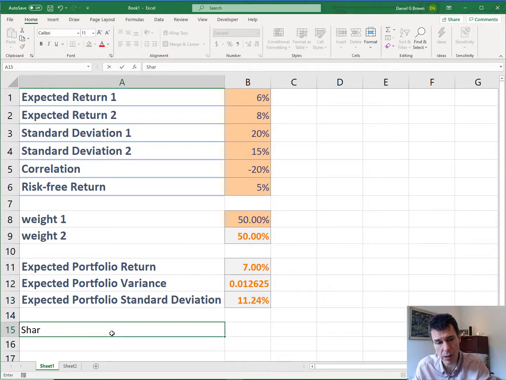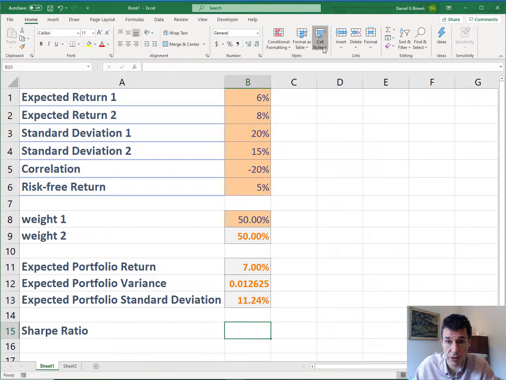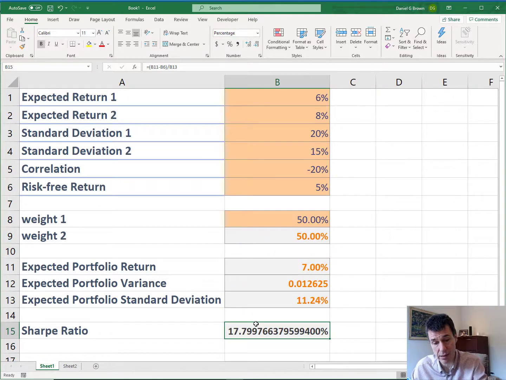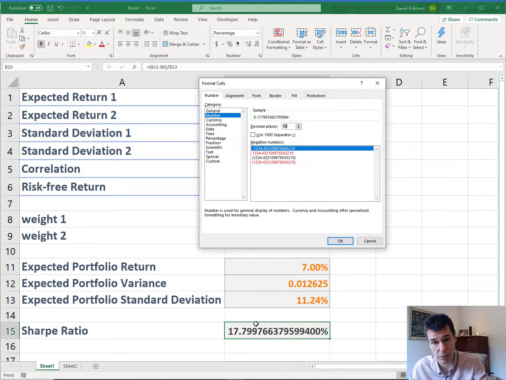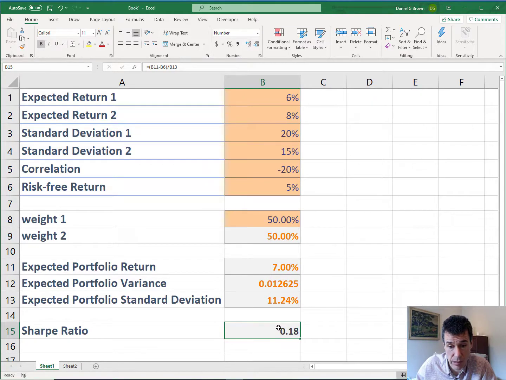So the Sharpe ratio for this portfolio, and this is our output, of course, is excess return. So that's the portfolio return minus the risk-free return divided by the standard deviation of the portfolio. And it's typically going to be written as a number, 0.18. So that is our Sharpe ratio.